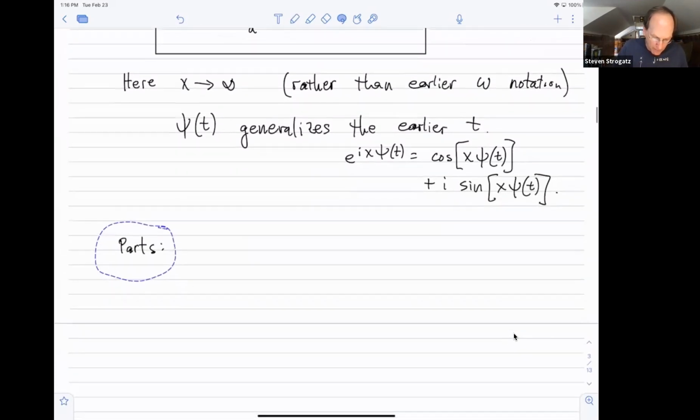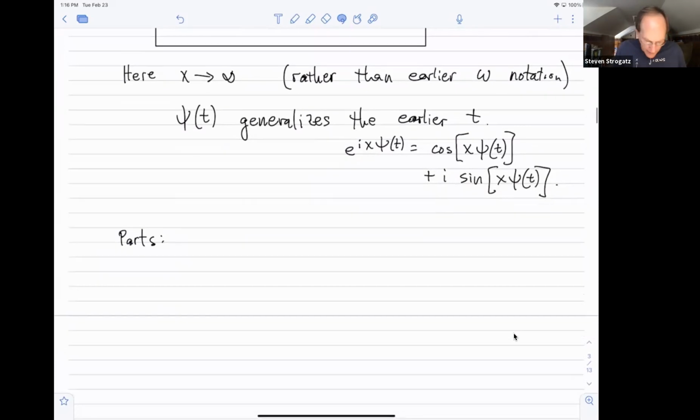All right, so if we integrate by parts, then we would say I of x is, all right, so our trick will be, just like we earlier wrote cosine omega t using a derivative of sine omega t, we can do something similar.